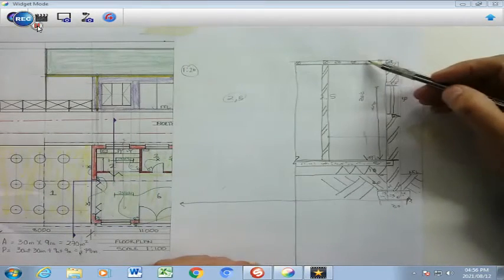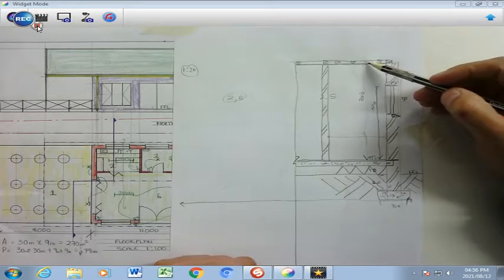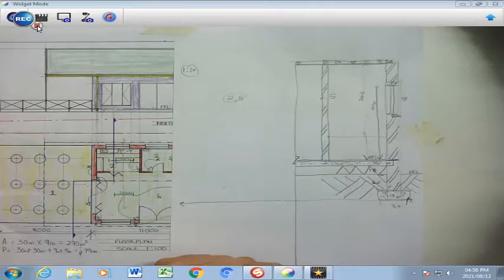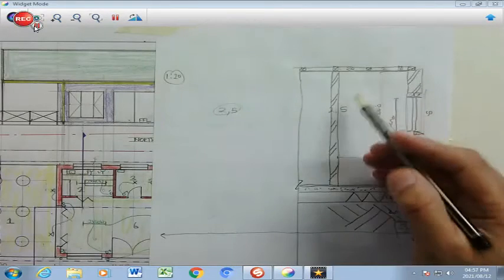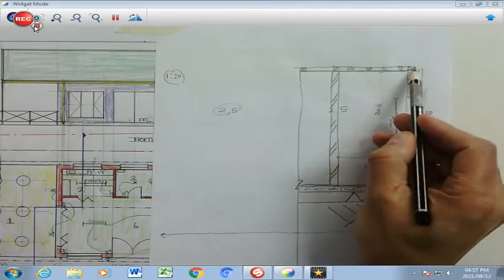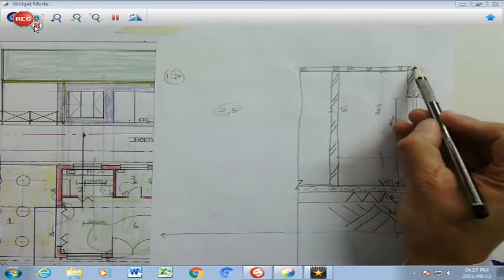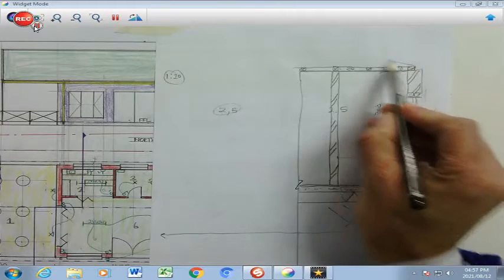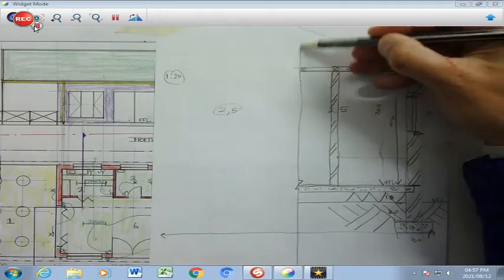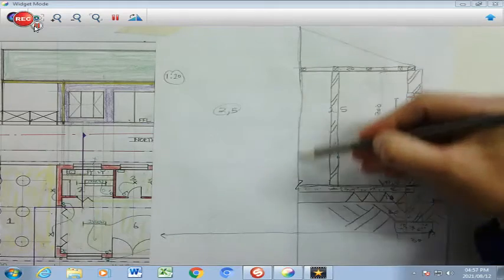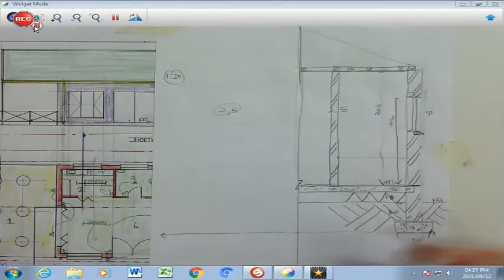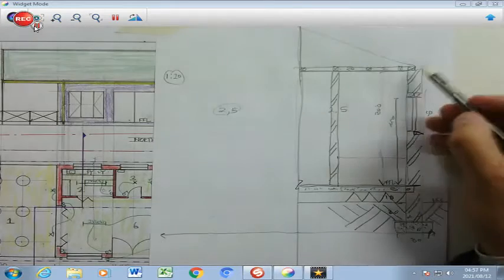I'm going to turn my attention to the roof here, and I want to zoom in a little bit so that we can see the detail. So I'm going to start by drawing a line from here, 30 degrees that way, until it bounces against this line, which is my continuation line.